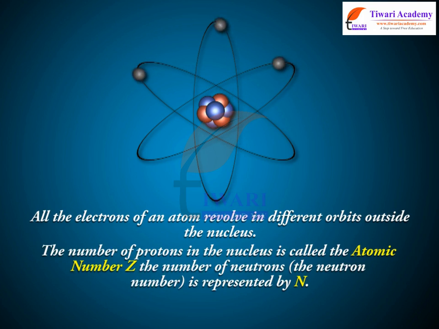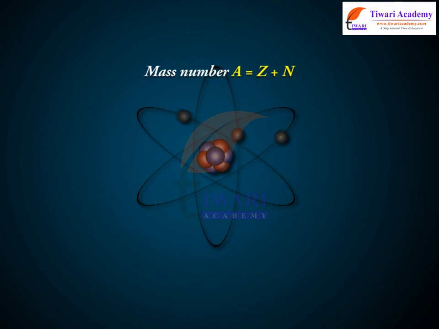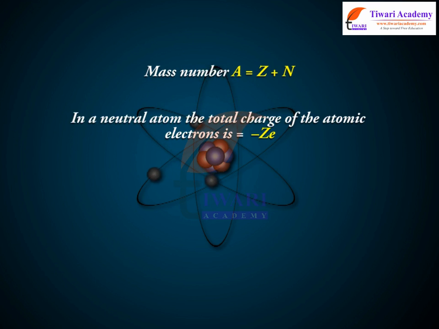The number of protons in the nucleus is called the atomic number Z. The number of neutrons, the neutron number, is represented by N. Mass number A is equal to Z plus N. In a neutral atom, the total charge of the atomic electrons is equal to -Ze, and the charge of the nucleus is +Ze. The number of protons in the nucleus of the atom is equal to the atomic number Z.